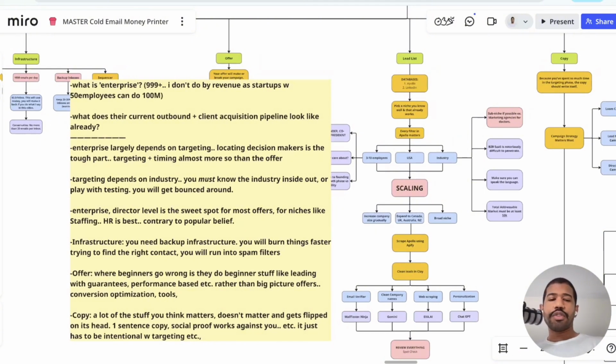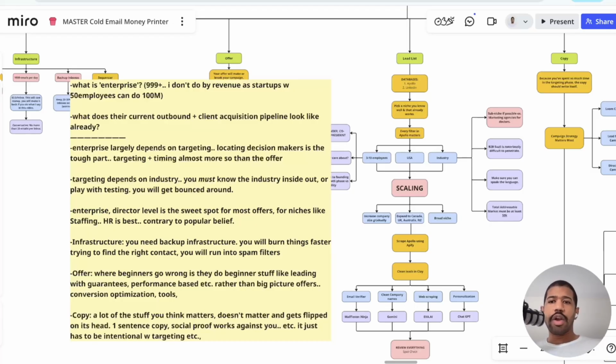And this is where things start to fall apart, and why a lot of beginners can't really crack enterprise-level companies: they're more focused on the offer, which is important, but a lot more focused on the offer than the targeting. When it comes to enterprise, it's a different approach versus small and medium businesses.